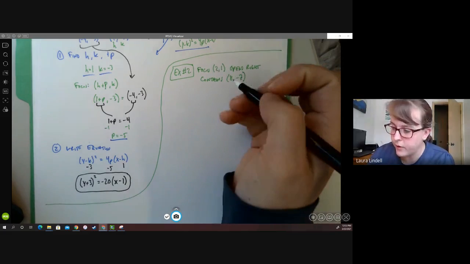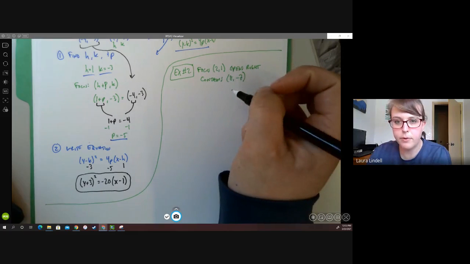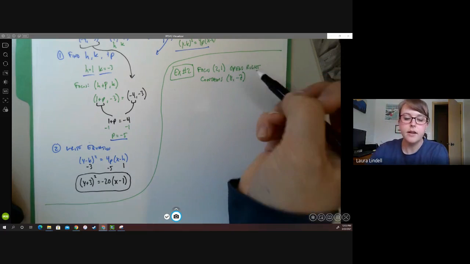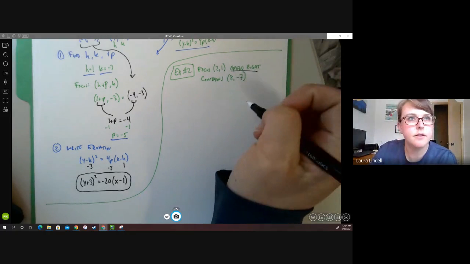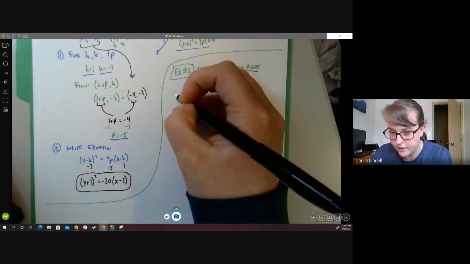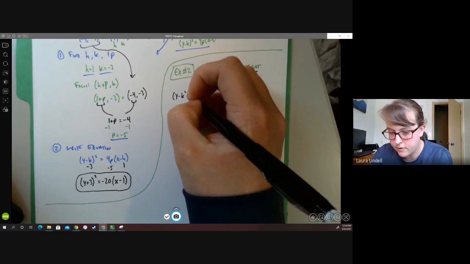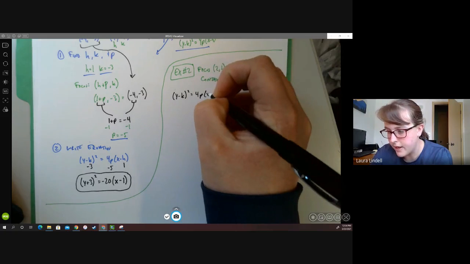So first we have the focus, but we also have that it opens right, and that's going to be important because just telling you a point that it contains doesn't always tell you enough about it. So if it tells you that it contains a certain point, we do need to also know which direction the thing is going to open. Okay. So since it opens right, that tells us we're going to use that red set of equations that we had. (y - k)^2 = 4p(x - h).